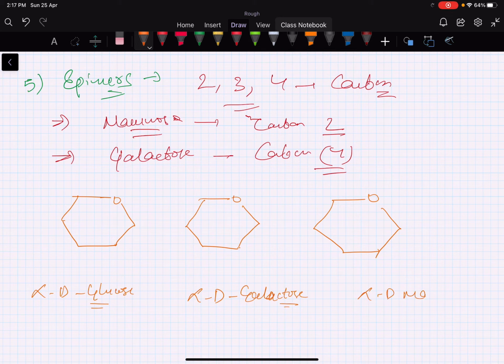Let's do the numbering: 1, 2, 3, 4, 5, and somewhere around this we will have 6, CH2OH. Same for the others: 1, 2, 3, 4, 5, and 6.